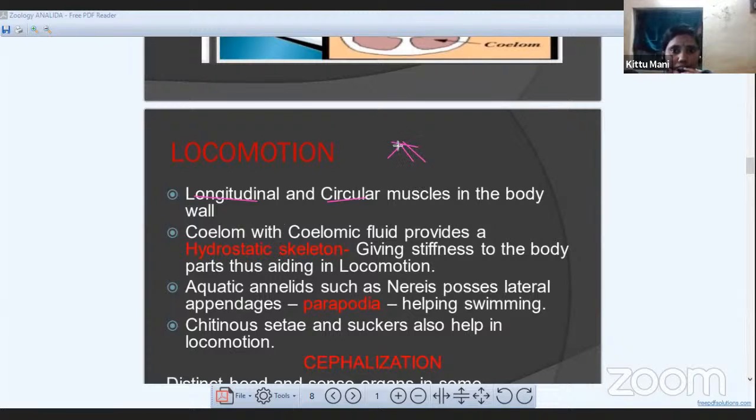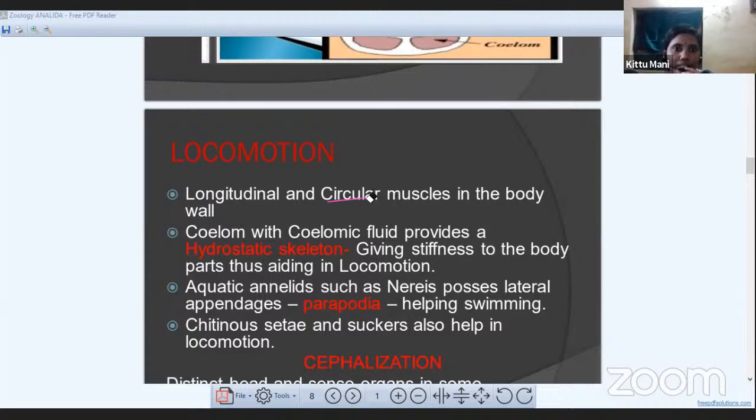They are observed in this third layer, the muscular layer, which is used in the locomotion of the annelids. What is that? Locomotion of the annelids.